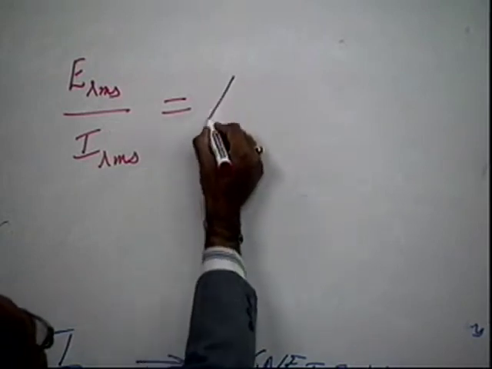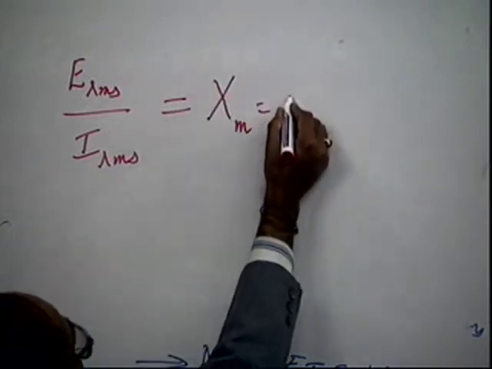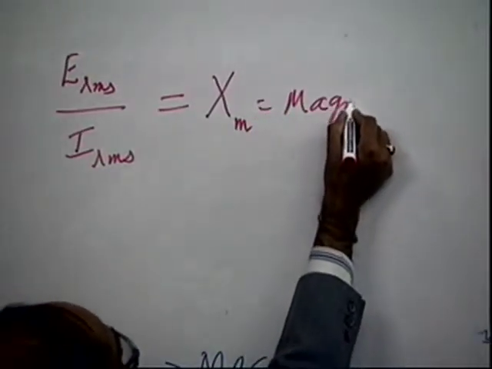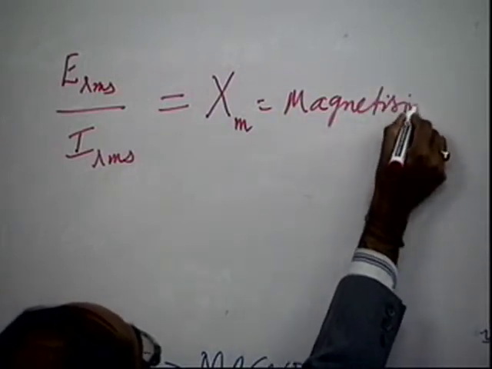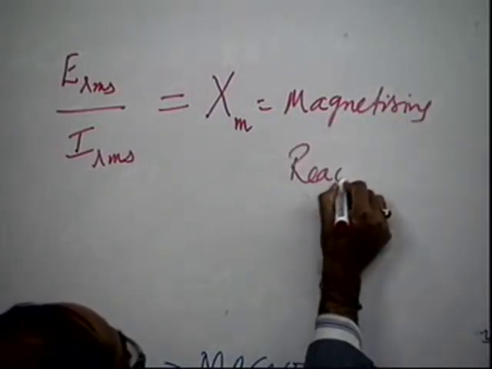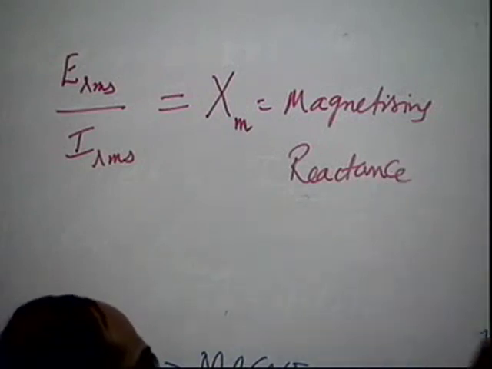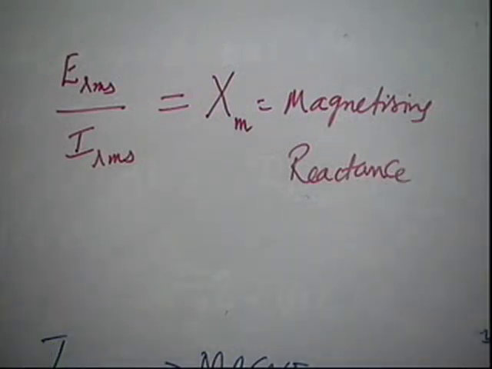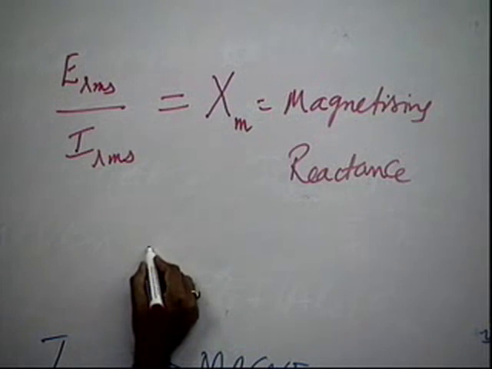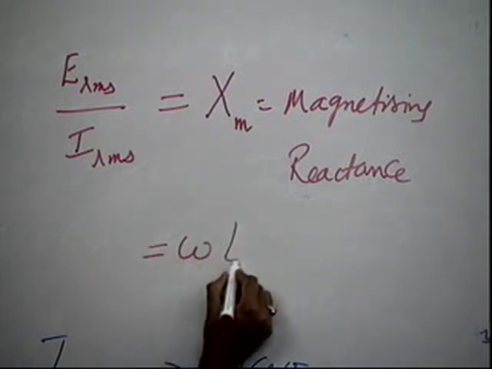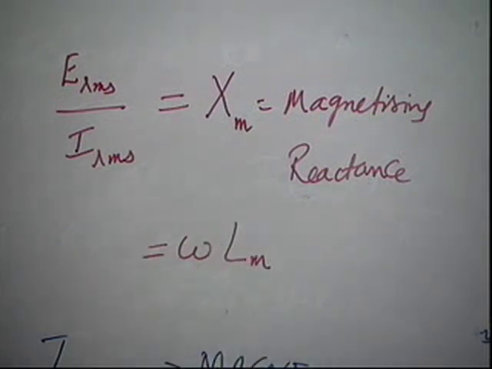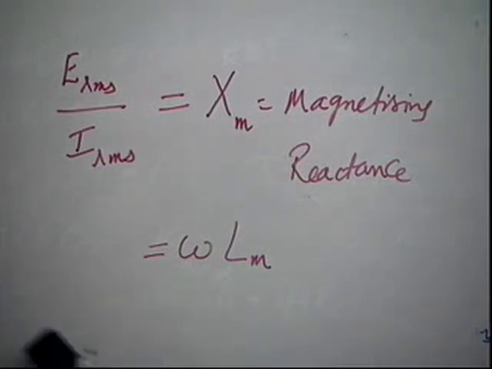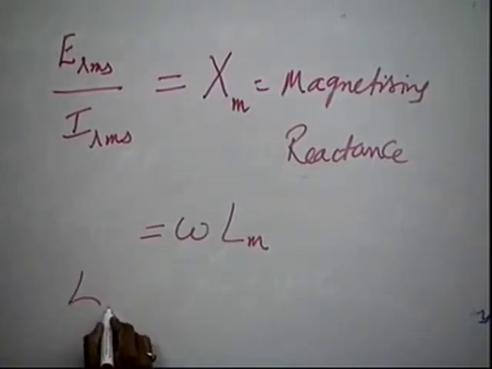So this is called XM, or the magnetizing reactance. That means the coil reactance is given by this, which will be equal to omega into Lm. Lm is the magnetizing inductance.